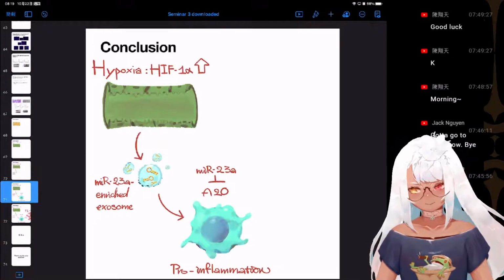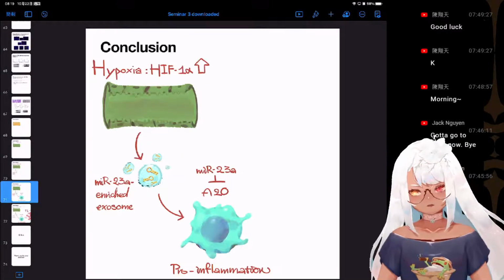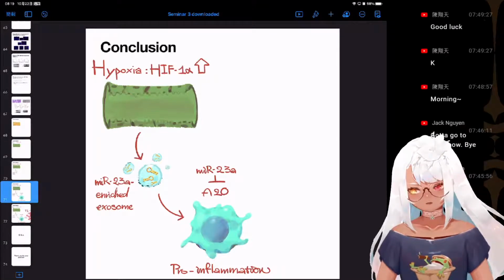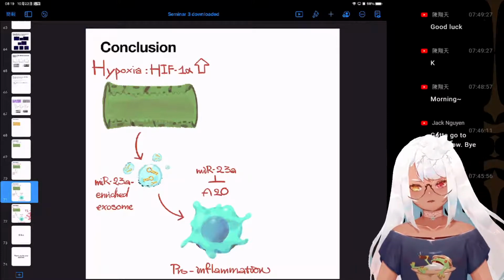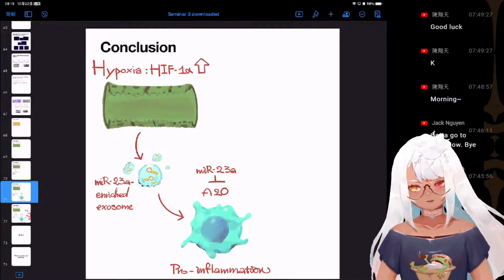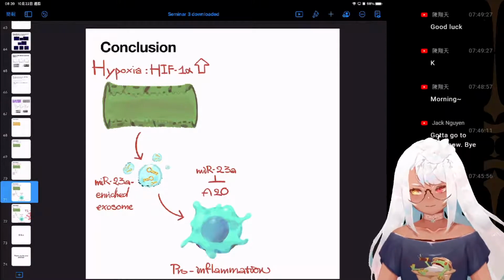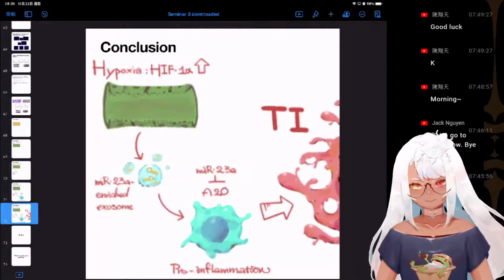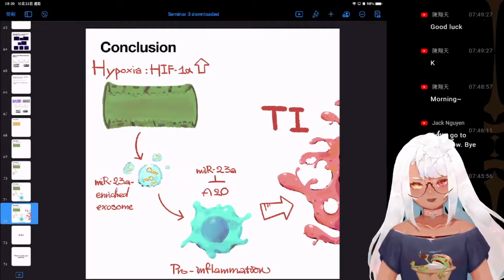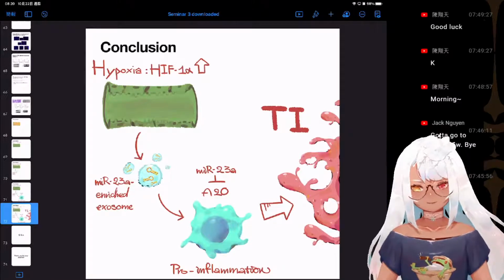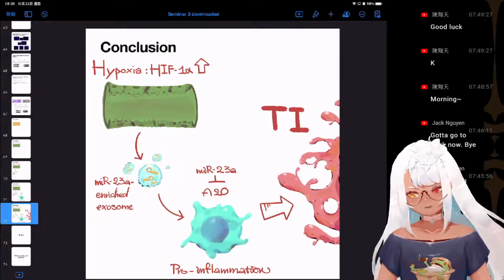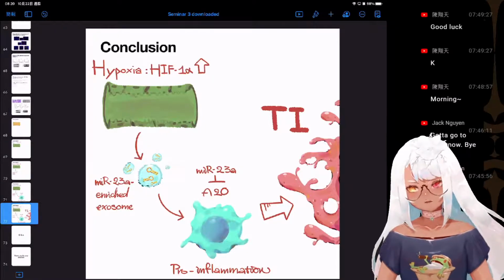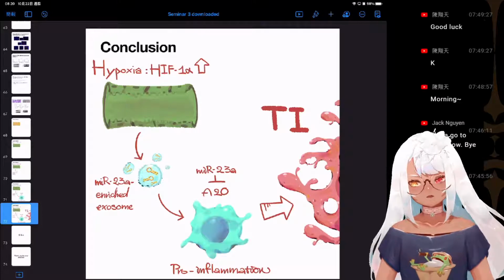Inside macrophage, mitochondria will inhibit A20, which is a negative regulator of NF-kappa B, and in this manner, it will reprogram macrophage into a pro-inflammatory state. As a final consequence, TI will be formed, and this is the findings of this study.